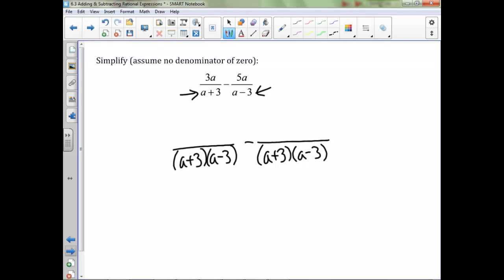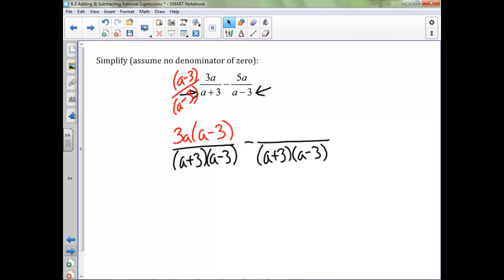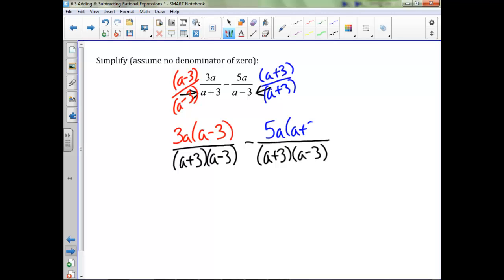So notice this first fraction, we had to multiply by a minus 3 over a minus 3. So we'll have 3a times a minus 3. And on this other side, we had to multiply by a plus 3 over a plus 3. So we'll have 5a times a plus 3.